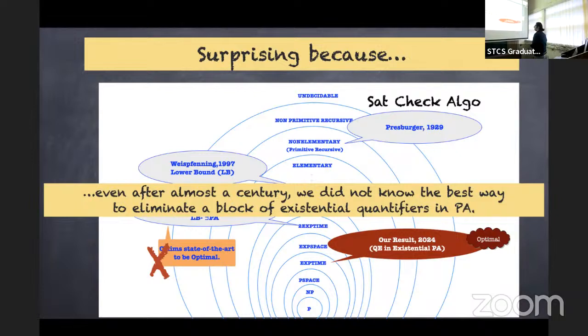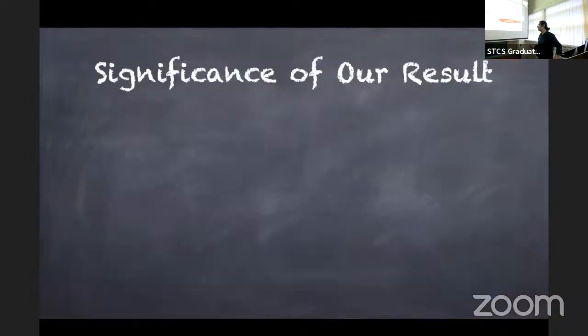But even more interesting is that after almost a century of the very first quantifier elimination algorithm, we did not know the best way to eliminate a block of existential quantifiers. Since 1921 until date, all the algorithms to eliminate a block of existential quantifiers needed doubly exponential time. So it's a very fundamental, very basic problem. This is why it's surprising. So the problem is not that trivial.